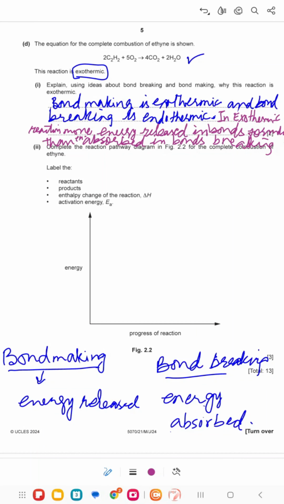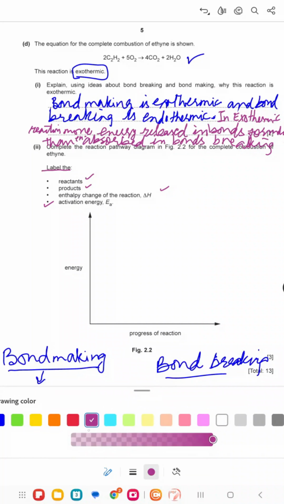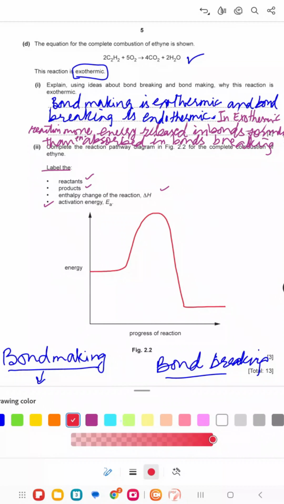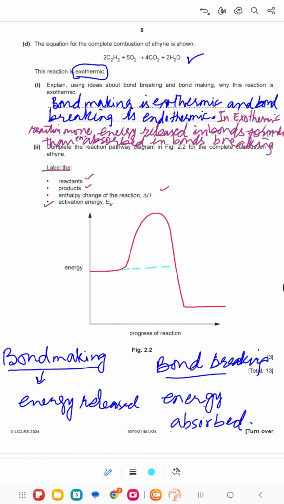For the exothermic reaction, we have to label this diagram. We have to label the reactants, products, enthalpy change of reaction, and activation energy. So we are going to draw it now. Reactants will be here. All of you must be very careful about the direction of arrowheads.